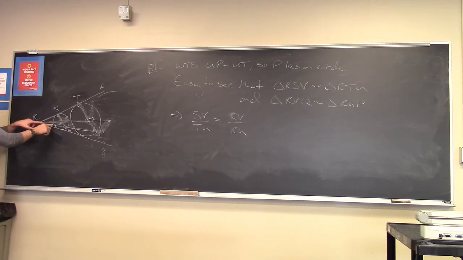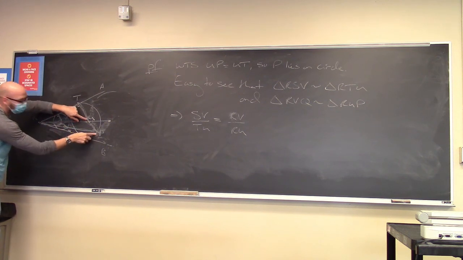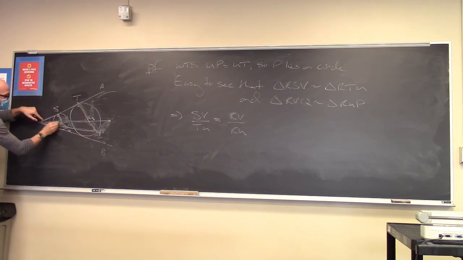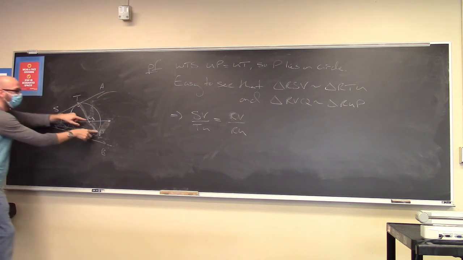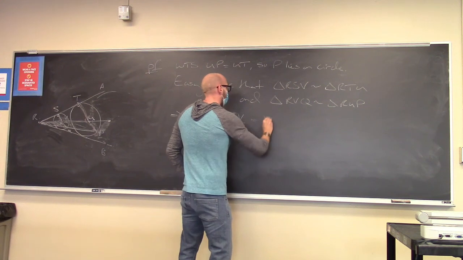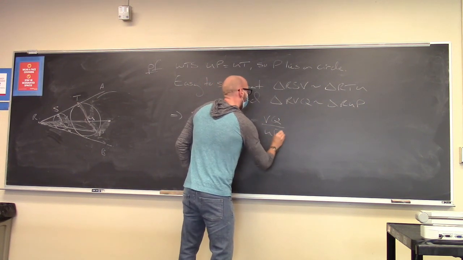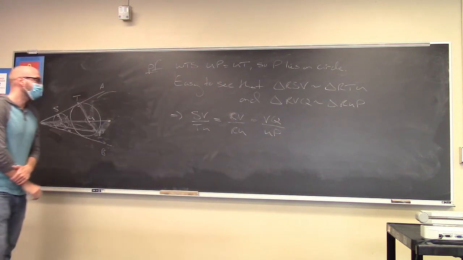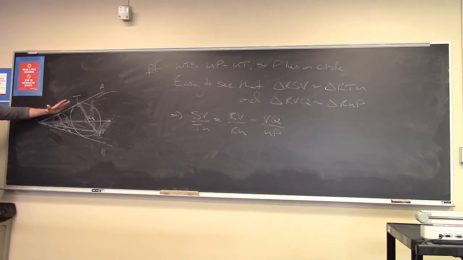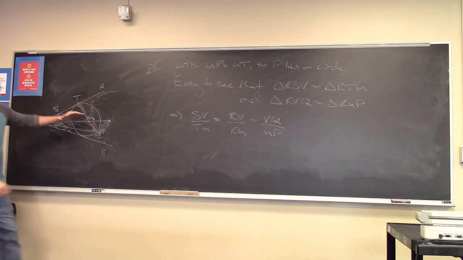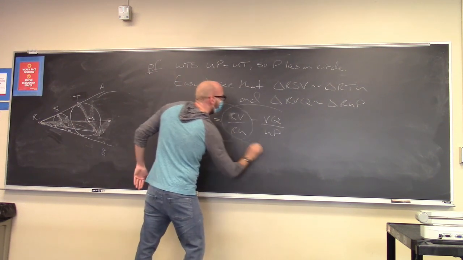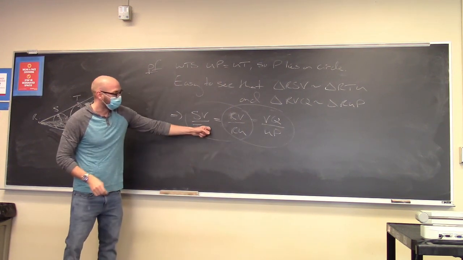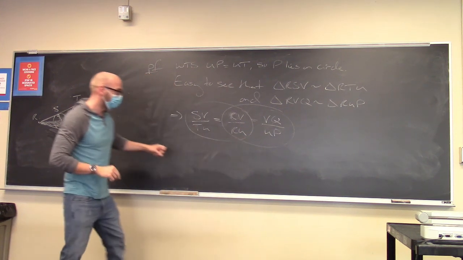But hold on, this compared to this is in the same ratio as this over this, because these triangles are similar. So this is in the same ratio as VQ over UP. So the first equality is from working with the first triangle. We have two triangles and two equalities here. This is from working with the first similar triangles, this is from working with the second similar triangles.